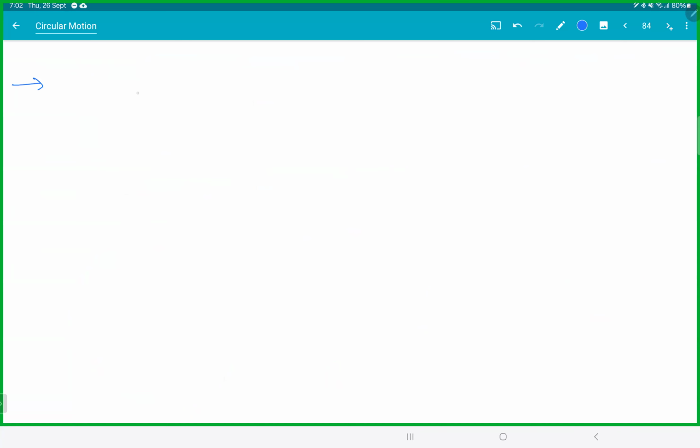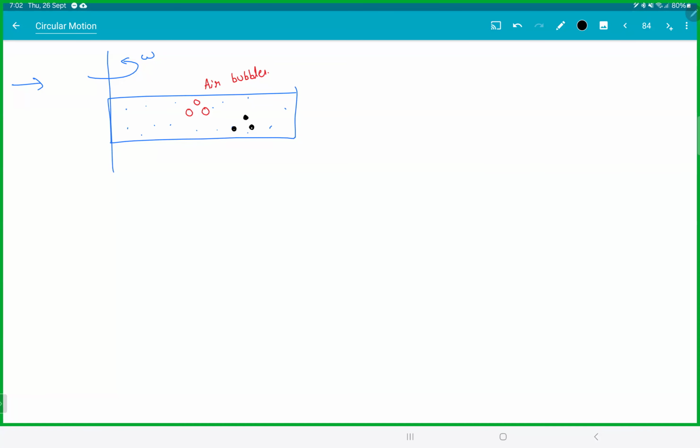Let's say if you have a test tube which is rotating with omega, and let's say if I have some air bubbles, and let's say we have some sand particles or something which are heavier. So when this thing starts rotating, can you tell me where will the sand particles go and where will the air bubbles go?